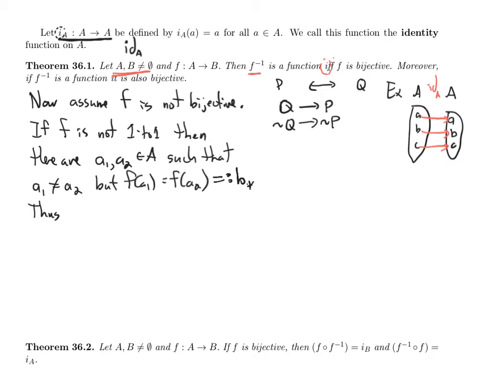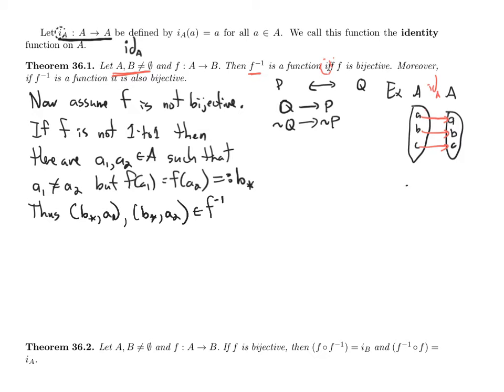That's in B. It tells me that b star is related to two different things, a1 and a2. So b star is related to a1 in the inverse, and b star is related to a2 in the inverse. So both of these are elements of f inverse.